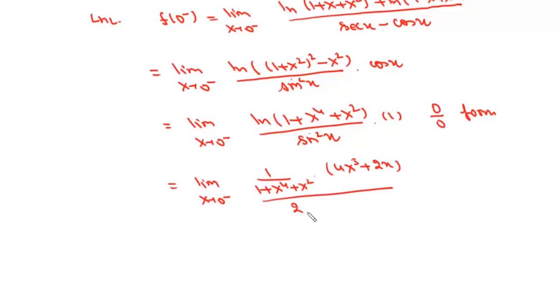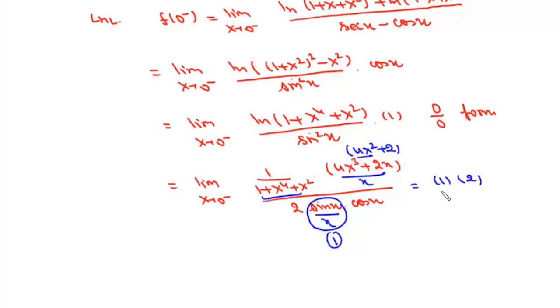And here it will be 2 sin x into cos x. Now what we'll do is we'll multiply and divide everything with x. Now sin x upon x is 1, and here if we cancel this x, we'll get this as 4x square plus 2. Now we'll put the value of x as 0. Now this is 1, and here it will be 2 upon 2, and cos 0 is 1. So this left hand limit is 1.